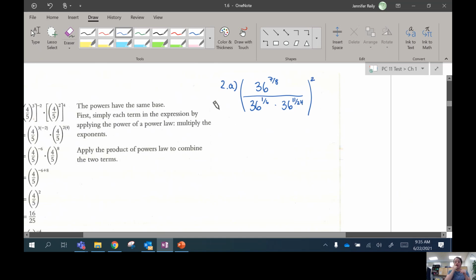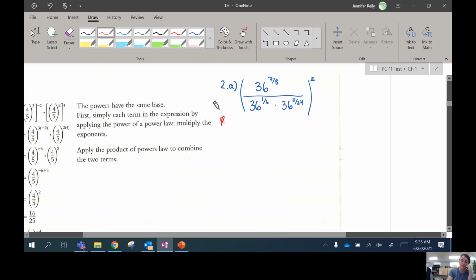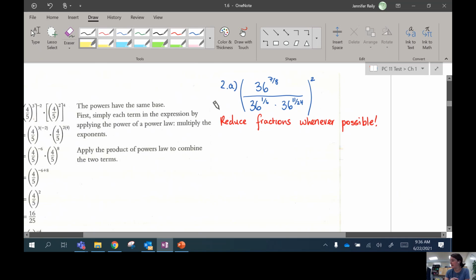Okay, so my tip for you is, whenever you see any fractions that can be reduced, reduce fractions whenever possible. If you don't reduce, this problem is really hard. I tried it without reducing. It gets really tricky, but if you do reduce whenever you can, it makes it a lot simpler. So that's my tip for you for questions like this, especially where there's lots of different fractional powers.